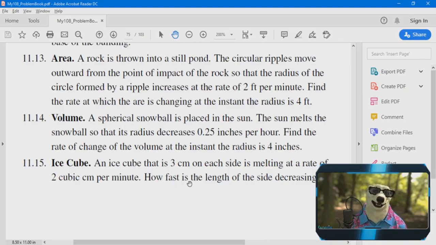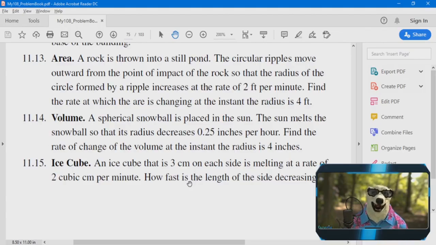A rock is thrown into a still pond. The circular ripples move outward from the point of impact of the rock so that the radius of the circle formed by a ripple increases at a rate of 2 feet per minute. So the ripple, as you can imagine, is moving outward, creating a bigger and bigger circle.